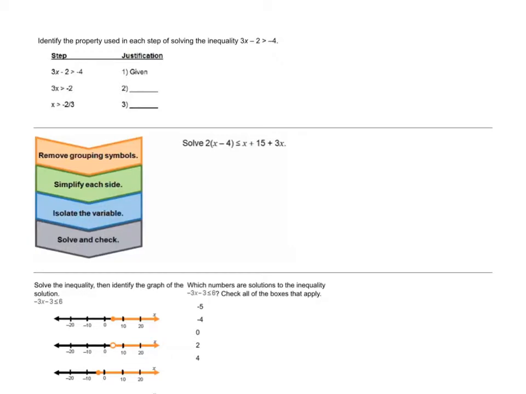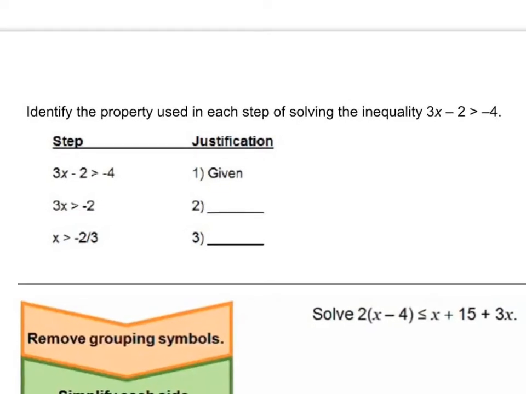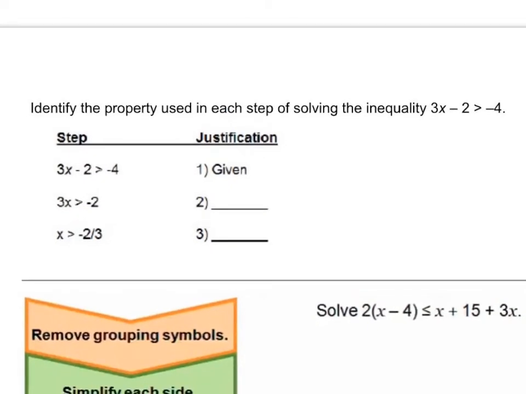All right, so on this next one, it says identify the property used in each step. Basically, we just got to think about if I were to solve this inequality, then I would add 2 to both sides. So that would be the addition property. I'm going to call it the add prop.